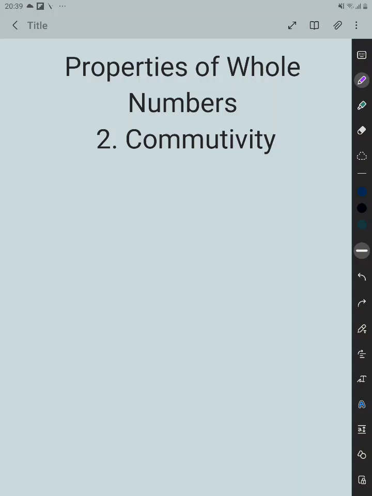Today we are here with properties of whole numbers, and we will study commutativity of whole numbers in respect of the operations. Four operations are there.